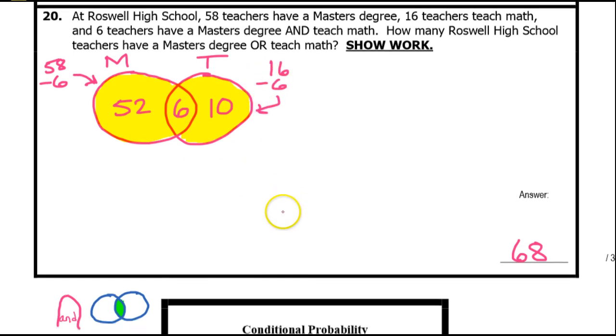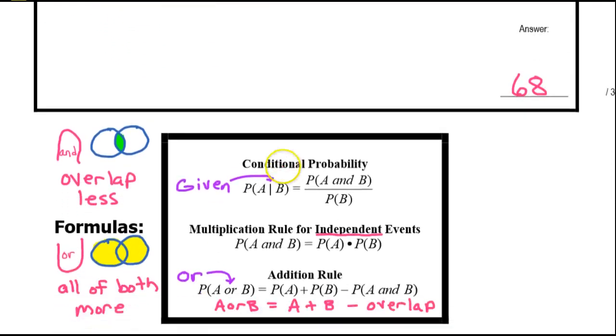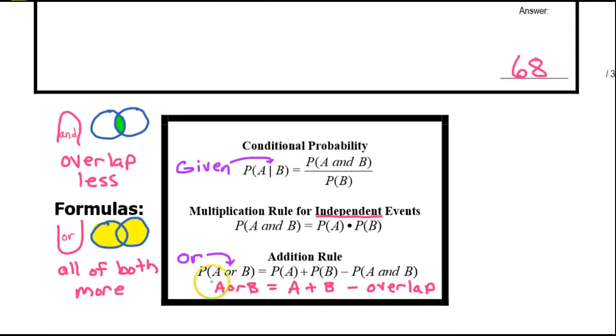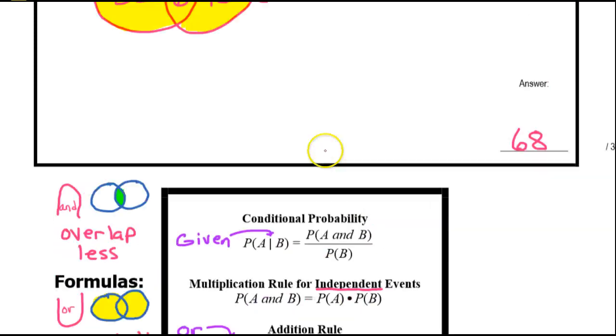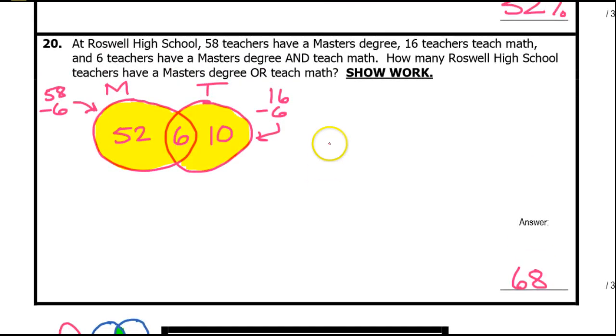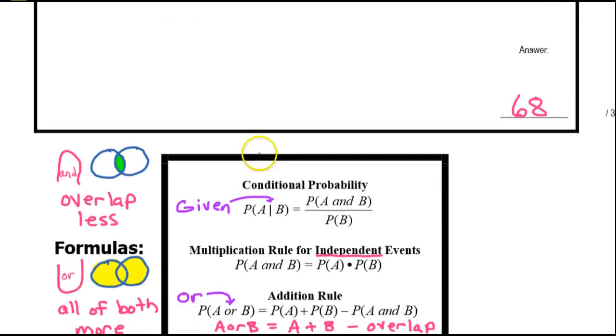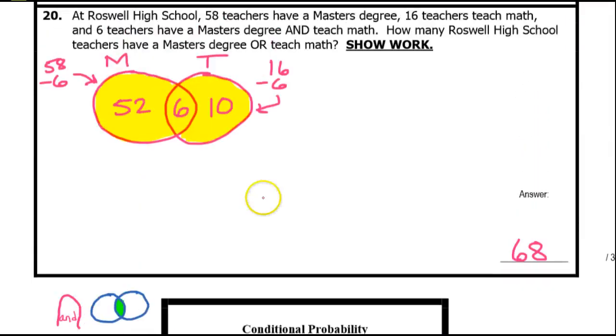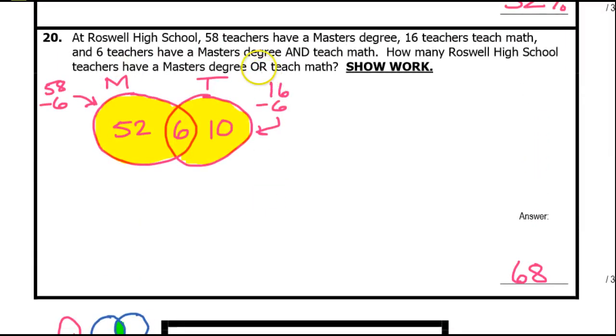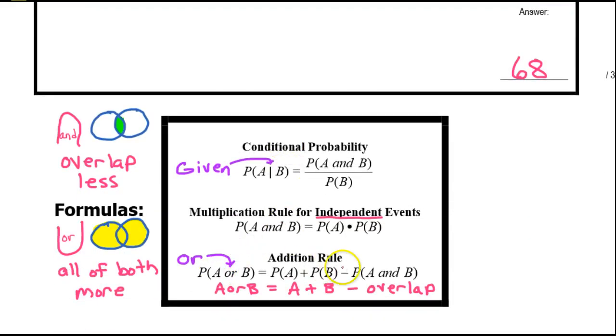Now if you didn't think of the Venn diagram and maybe you were trying to use the OR formula, because I've probably trained you that when you see a word problem, you're probably going to wind up using one of these formulas. And we learned that if you see the word OR, then you're going to use the OR formula.